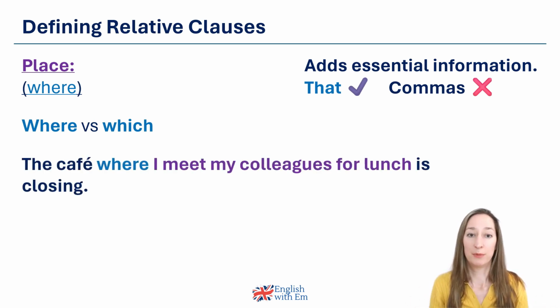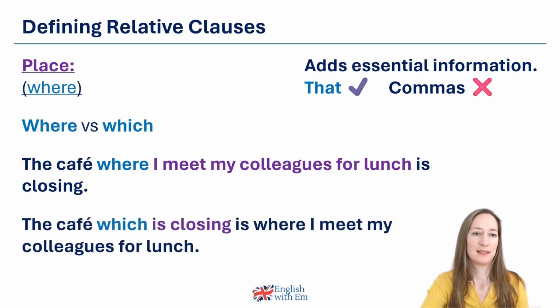The cafe where I meet my colleagues for lunch is closing. The cafe which is closing is where I meet my colleagues for lunch. So both of these are talking about the cafe, a place. So how do we know whether to use where or which? You have to ask yourself the question. So I meet my colleagues for lunch.